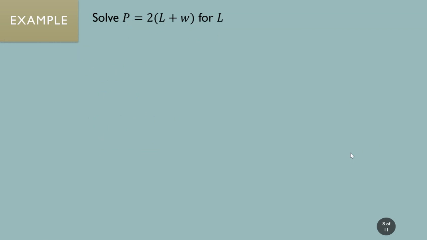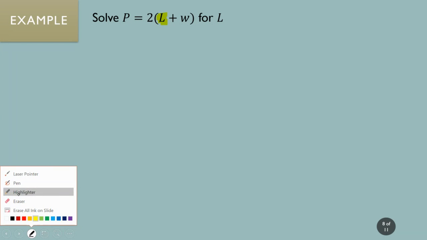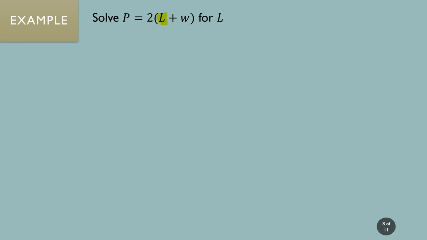Next one, so here we're getting a little more complicated because now we have parentheses. So we solve P equals 2 times L plus W for L. So we want to solve for L. Now, if you are solving for a variable and it's inside parentheses, in order to get out of the parentheses, you have to distribute.